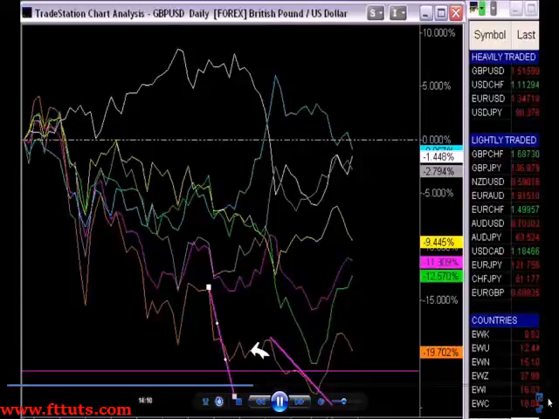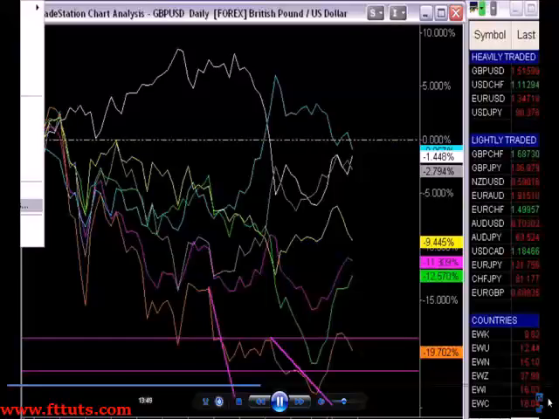Okay, break of a trend line there. But did this market really reverse? The answer is no, because there's your high. It never broke that high, and then it made lower lows. Okay, let's look at another example. Let's take these off of here.